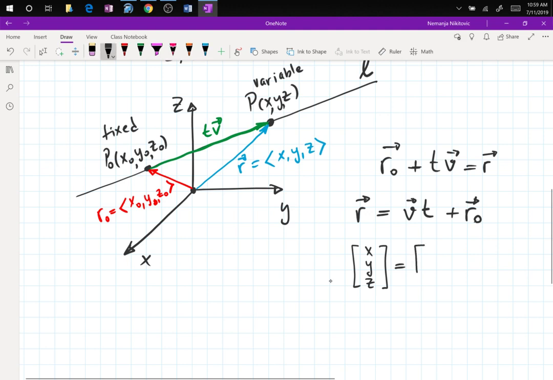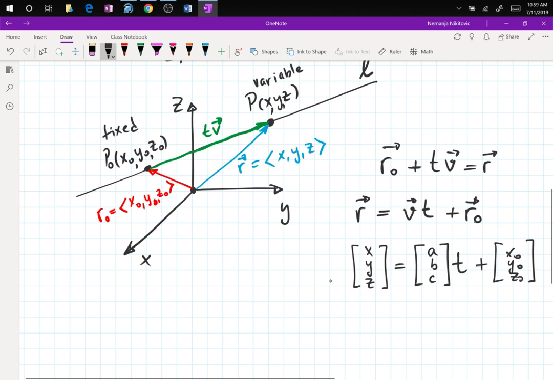Now, if you go to the next one, we'll call A, B, C the components of this mysterious vector V, times T plus R0, which is x0, y0, z0 as a column vector.